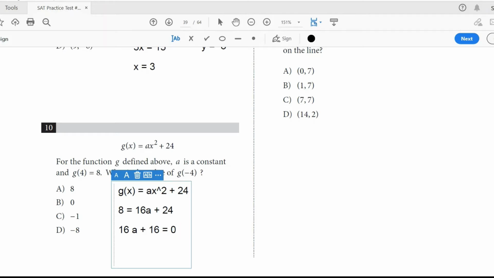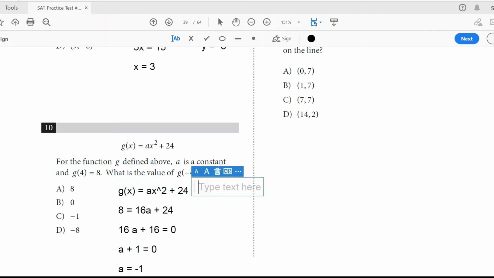Looking at this, we just take 16 on both sides, so a plus 1 equals 0, because we can just cancel off the 16. And therefore, a has to equal -1 automatically. Since a equals -1, we can now write the whole function quite simply, and this makes things way simpler. So a equals -x plus 24.